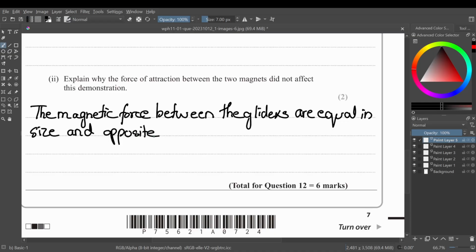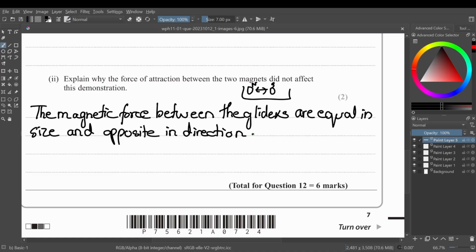Opposite in directions. One way to understand more is that, for example, this magnet is north and this magnet is south, so north and south pull each other. So this is one way you can understand this. That's what is meant by an opposite direction and equal in size.